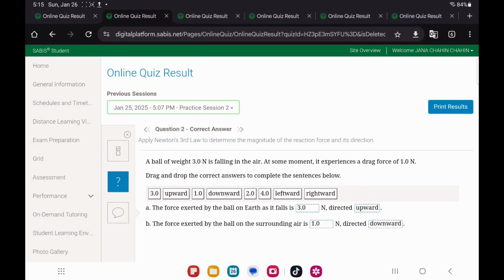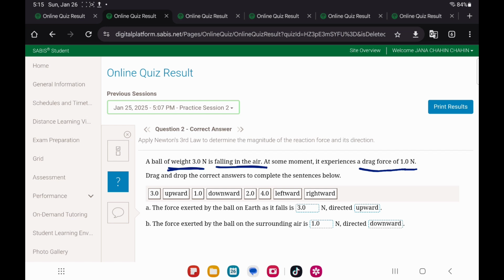Question 2. This might confuse a lot of people. It confuses me too, but I got it, because it's very simple. This is why you should always read the question when you're solving the exam. So, the ball of weight 3 newtons, so that's our force, is falling in the air. At some moment, it experiences a drag force of 1 newton. Drag force is air resistance, so it acts on air.